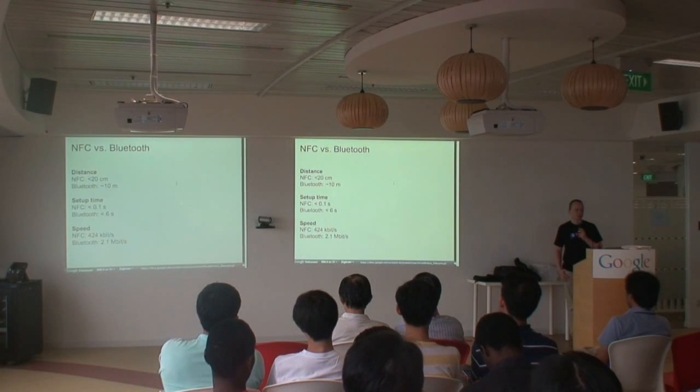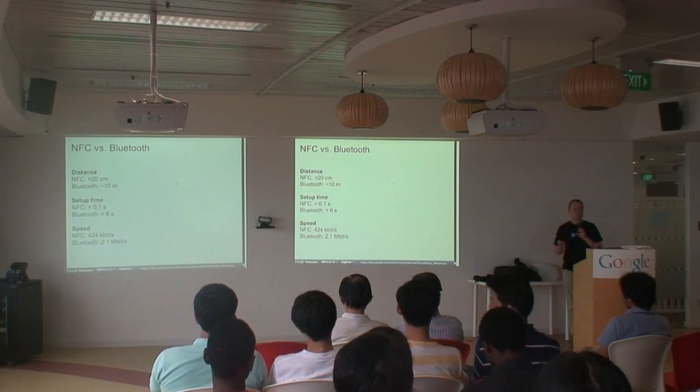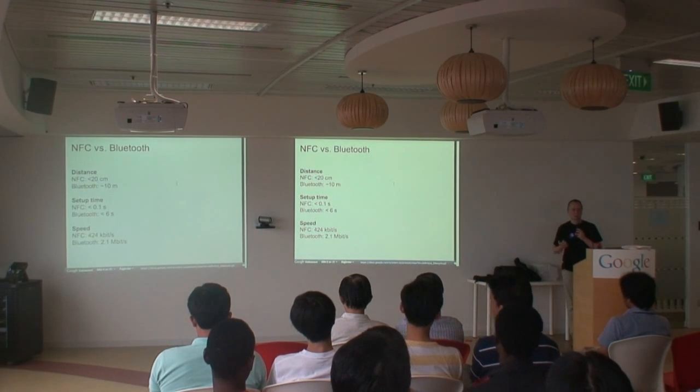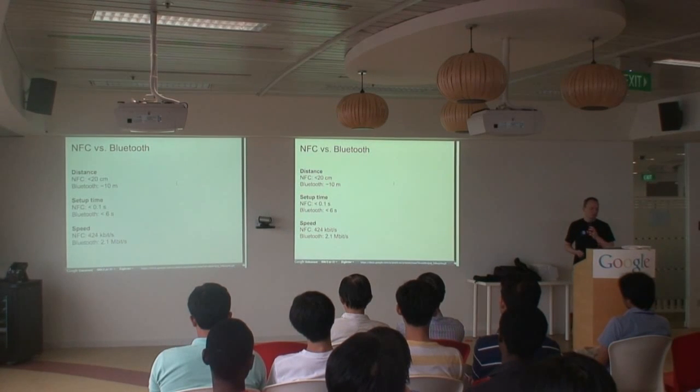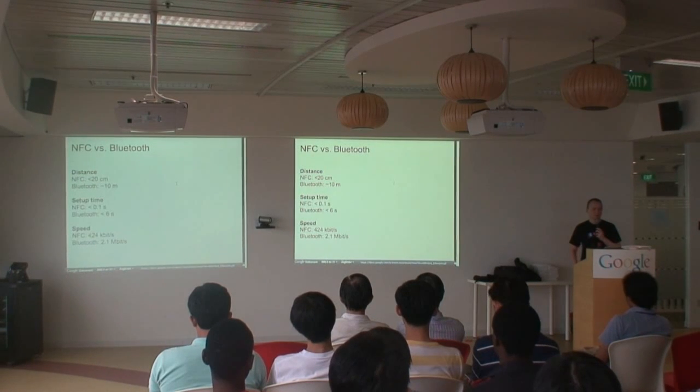It's only 0.1 seconds. It's very quick and very suitable for situations where speed is important, such as payments or paying bus fares. When it comes to transfer speed, NFC is a bit slower than Bluetooth.